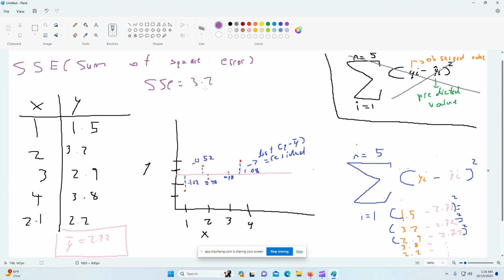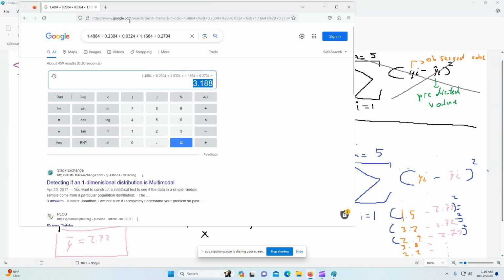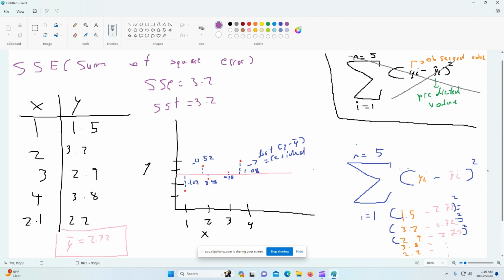So right now our SSE is just say 3.2. Our SSE is going to change, and I find that the best way to keep track is with the SST. If you don't know what the SST is, it's the sum of square total. So instead of E, just total. So our original is going to be 3.2.